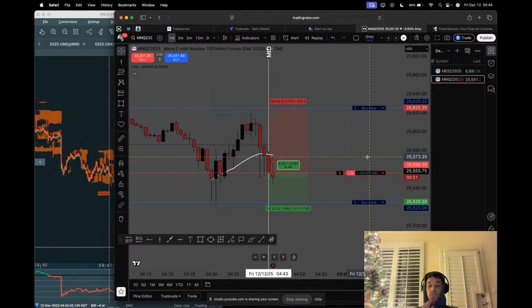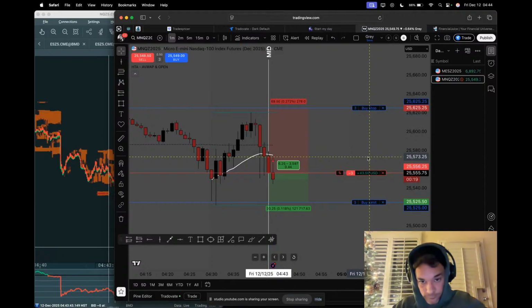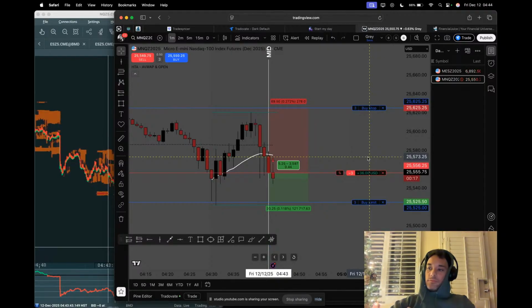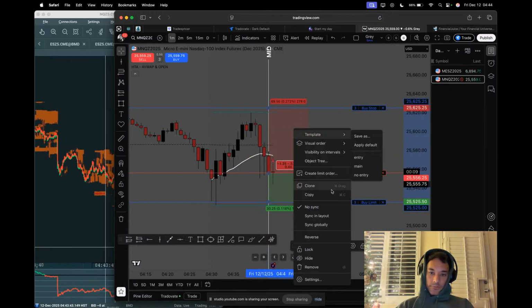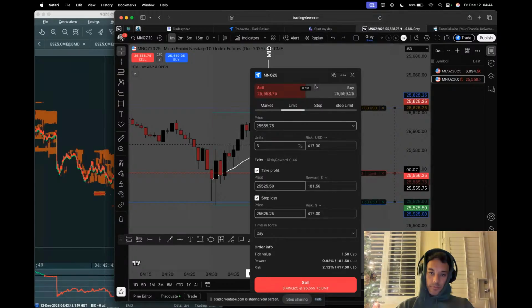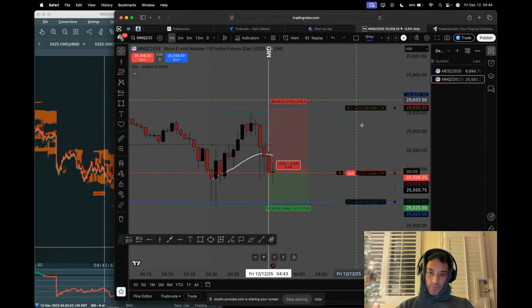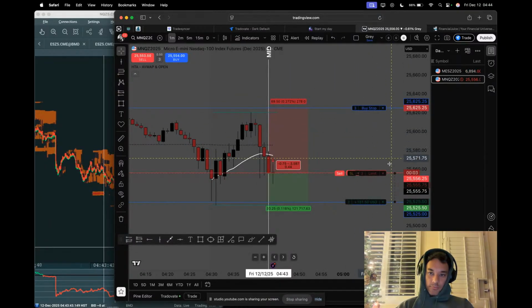It's a mid-range entry trade. This is light risk also. How much is it really? Yeah, it's only $400 risk. So not much.